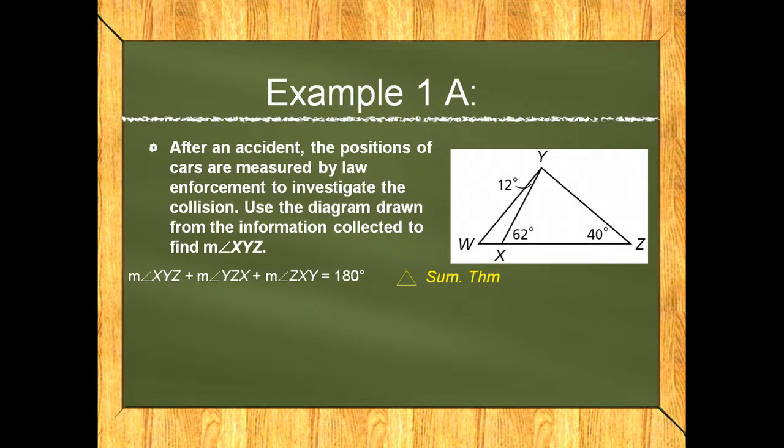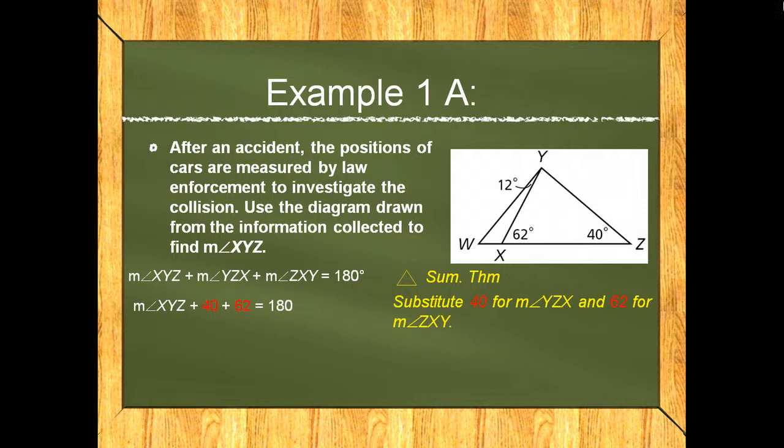So, first of all, we know that the measure of XYZ and the measure of YZX and the measure of ZXY equals 180 degrees. This is from the Triangle Sum Theorem. The three angles in a triangle will measure 180 degrees total.